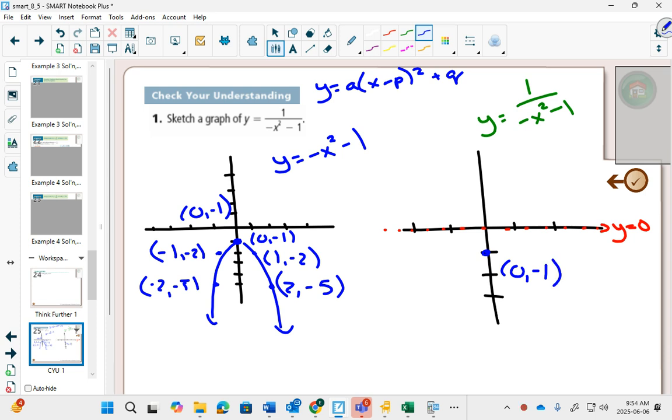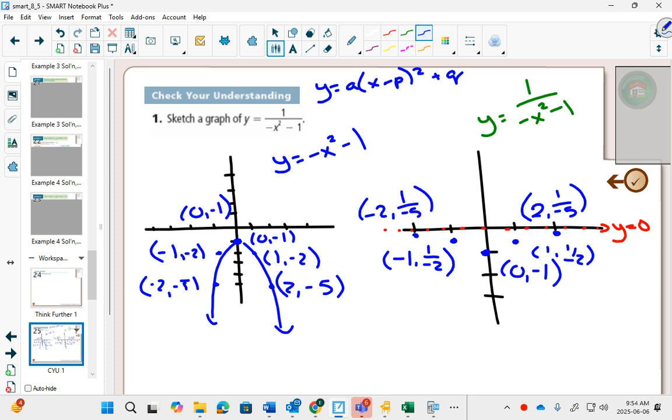What's going to happen to (1, -2)? It's going to become (1, -1/2). What's going to happen to (2, -5)? Because all that happens in a reciprocal graph is you take your y value and do 1 over that y value. So same thing over here. We're going to have (-1, -1/2), and (-2, -1/5). And which graph did we get? The Winnipeg graph. The pothole graph.